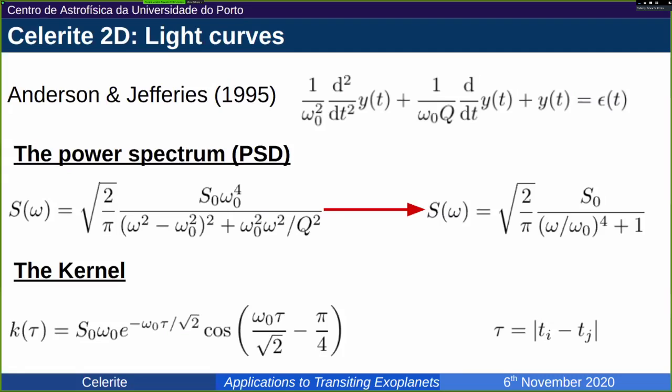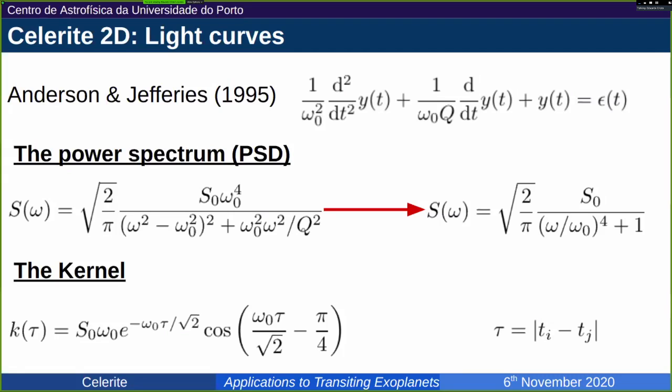So the first description of how Celerite can be used in this context came in the original paper, as the analysis of stellar variability. Following the description of Anderson and Jeffries, stellar oscillations can be modeled in a first approach as the result of stochastic excitations that are damped by convection and turbulent viscosity in the star, which can be modeled by the above differential equation.